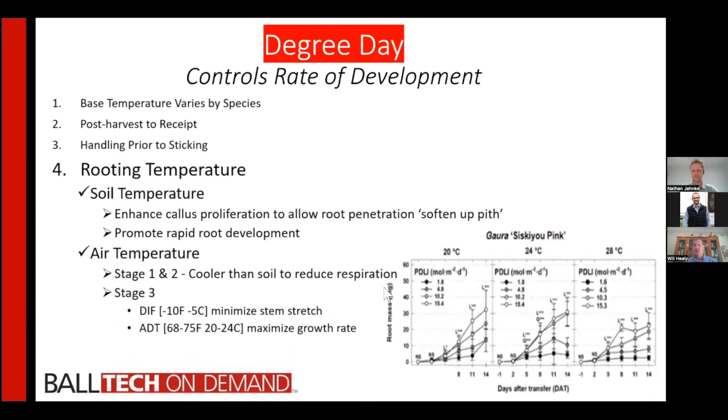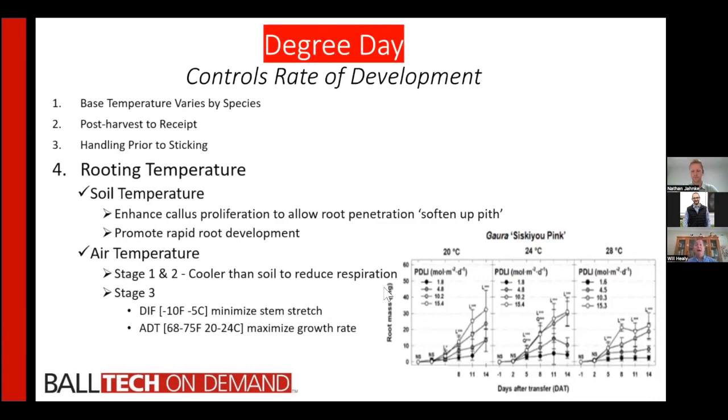Once we get to stage 3, when we want to start it to grow, one of the things you can do is use DIF. DIF is the day minus the night temperature, work that was done at Michigan State many years ago, that showed that if you have a zero or negative day minus night, so you have a 60-degree day and a 65-degree night, day 60 minus 65 night gives you a -5-degree DIF.